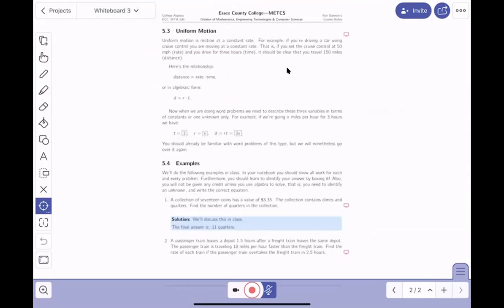And uniform motion. I'm going to talk about uniform motion now.